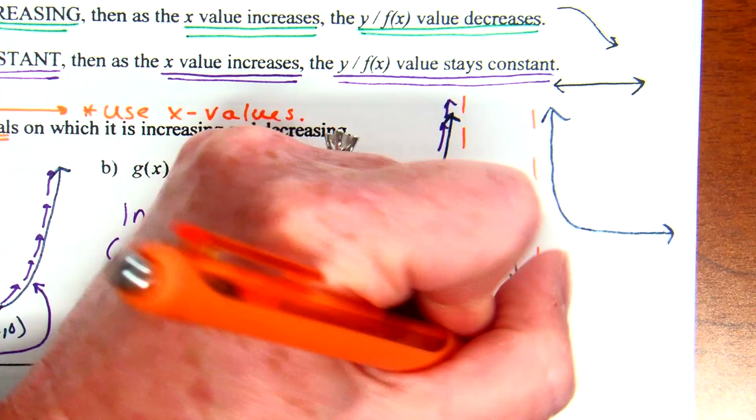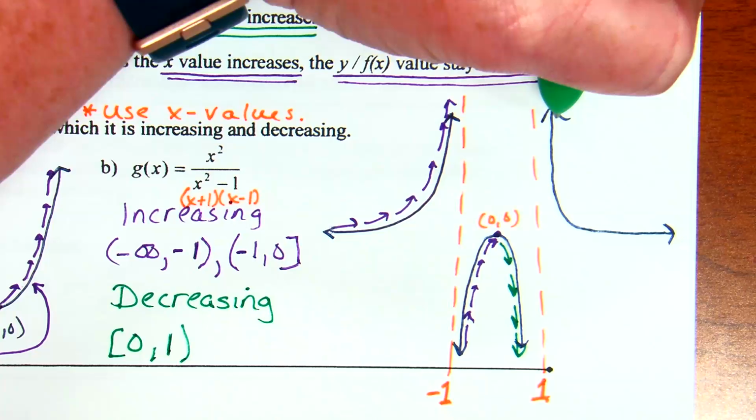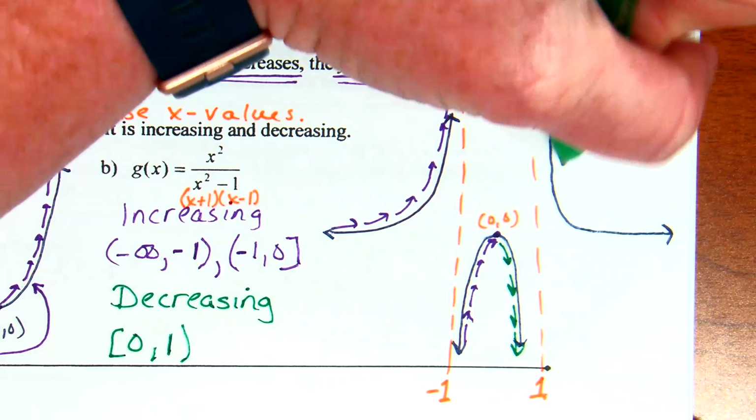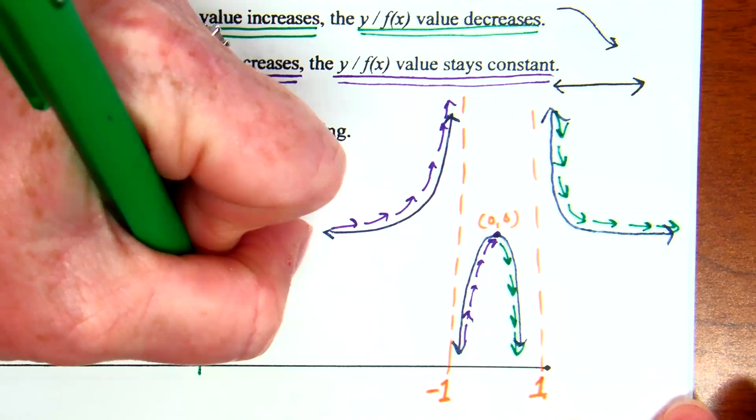So 0 to 1, 1 has a parenthesis. Give me just 30 seconds. What happens when we jump over this asymptote here? We are decreasing again, aren't we? So we are decreasing, and that decreasing interval is 1 to infinity. 1 because we're on the right side of the asymptote, and then infinity as we go off to the right.